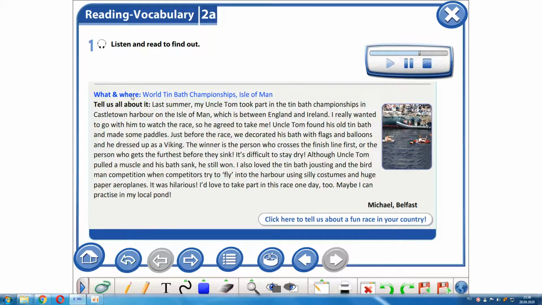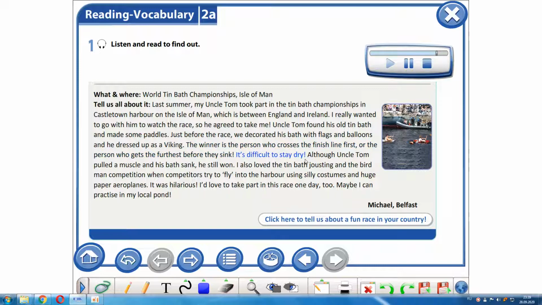What and where? World Tin Bath Championships, Isle of Man. Tell us all about it. Last summer, my Uncle Tom took part in the Tin Bath Championships in Castletown Harbour on the Isle of Man, which is between England and Ireland. I really wanted to go with him to watch the race, so he agreed to take me. Uncle Tom found his old tin bath and made some paddles. Just before the race, we decorated his bath with flags and balloons, and he dressed up as a Viking. The winner is the person who crosses the finish line first, or the person who gets the furthest before they sink.